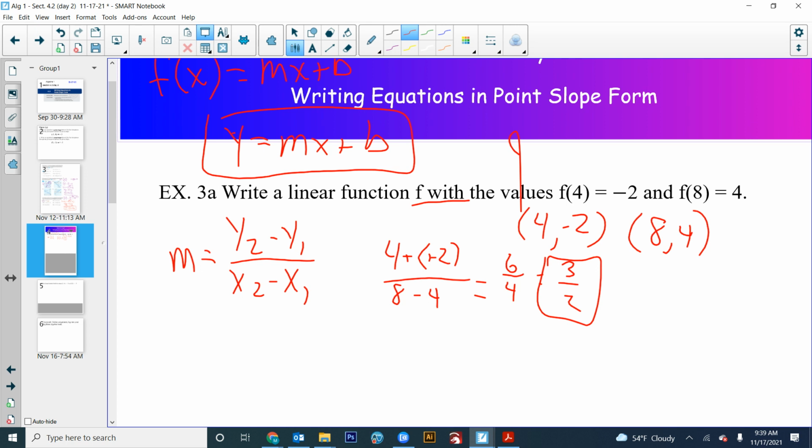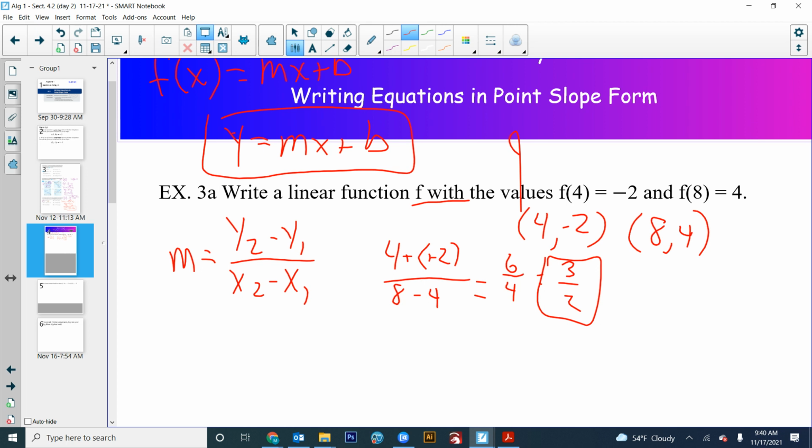Is everybody okay? Now I need to pick a point or an ordered pair, either 4, -2 or 8, 4.